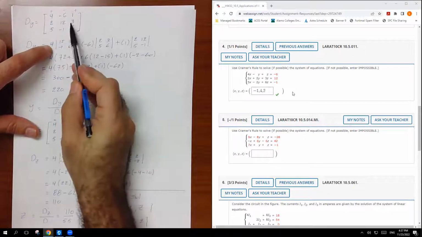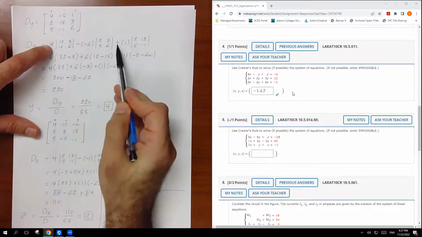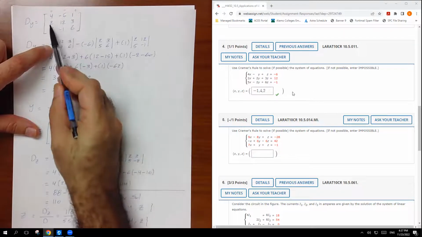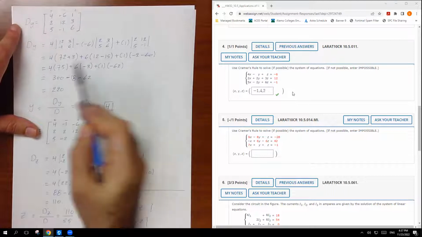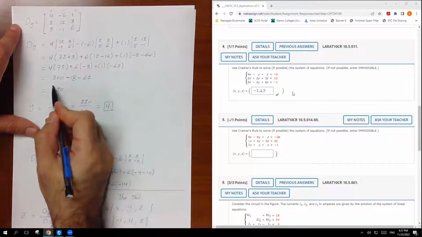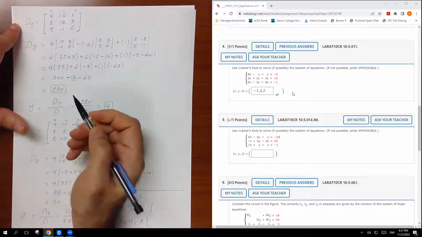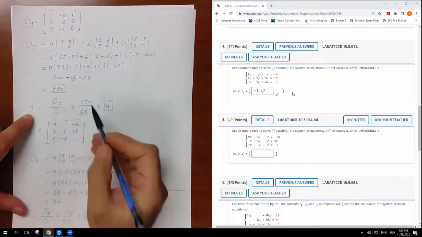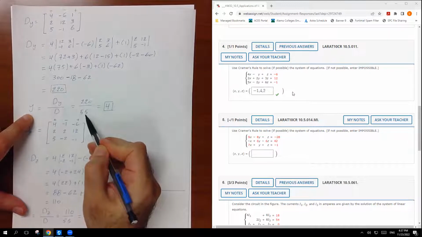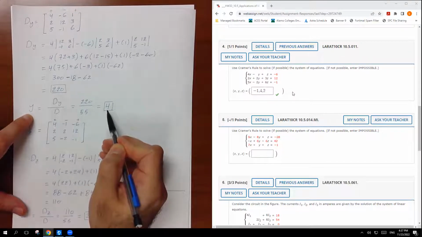It's going to be 2, 3, 5, 6 plus 1 is going to be 2, 12, 5, -1. Do the math, we got dy equal 220. That means y is going to be equal dy divided by d, 220 divided by 55, which is going to be 4.